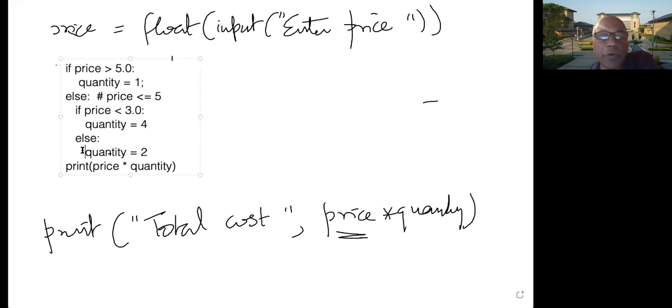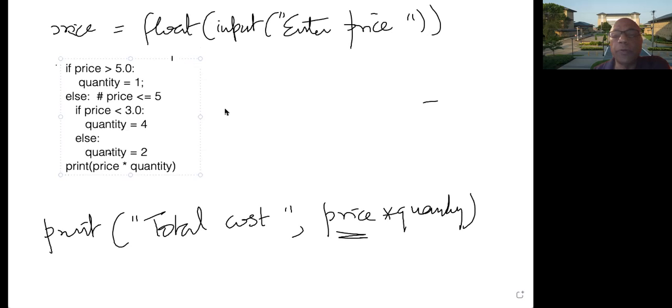Okay. And when would you come here? When would you set quantity to 2? Suppose price was $6.